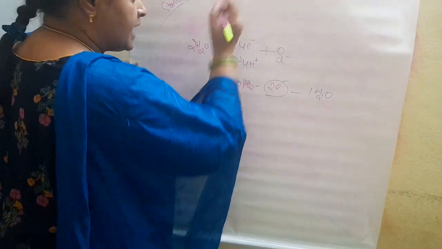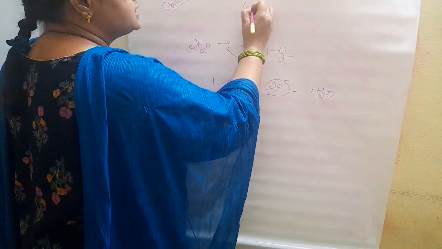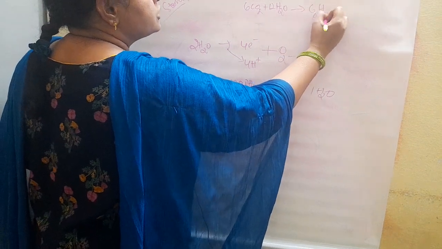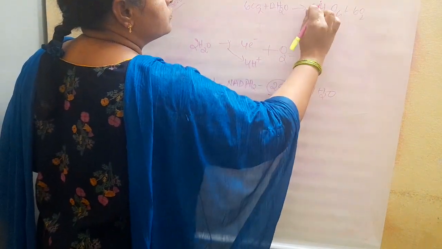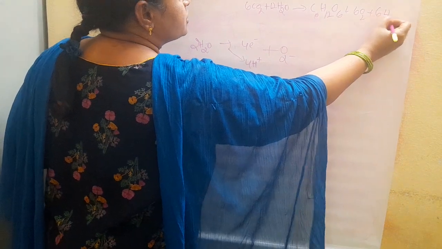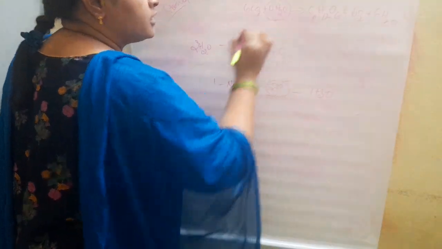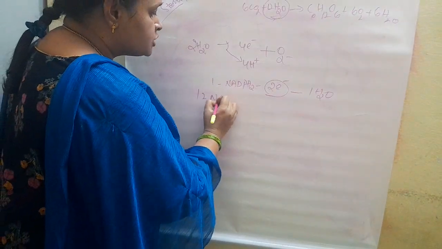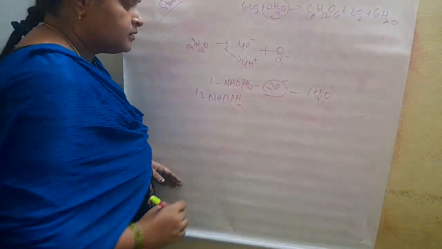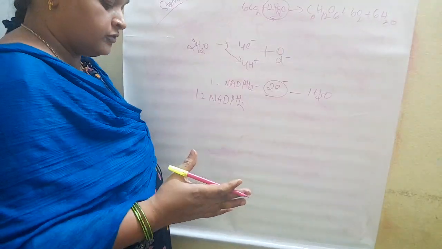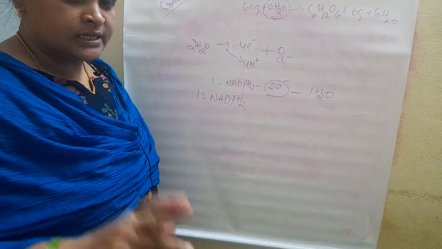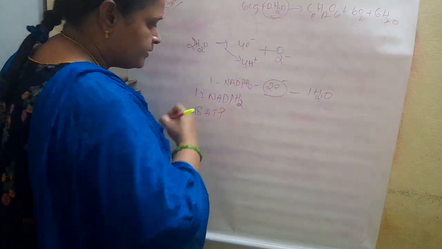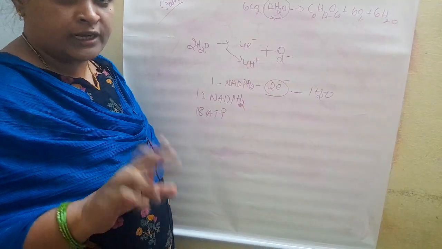That means in the equation, 6CO2 plus 12 H2O gives C6H12O6 plus 6O2 plus 6 H2O. Why 12 water molecules? Because 12 NADPH2 are generated. For the Calvin cycle, that is the dark phase, 12 NADPH2 and 18 ATP are required.